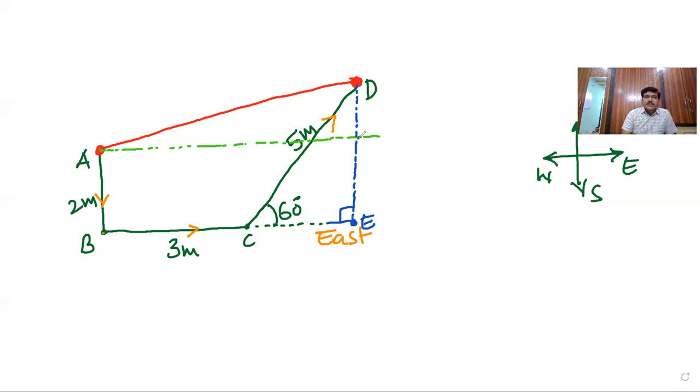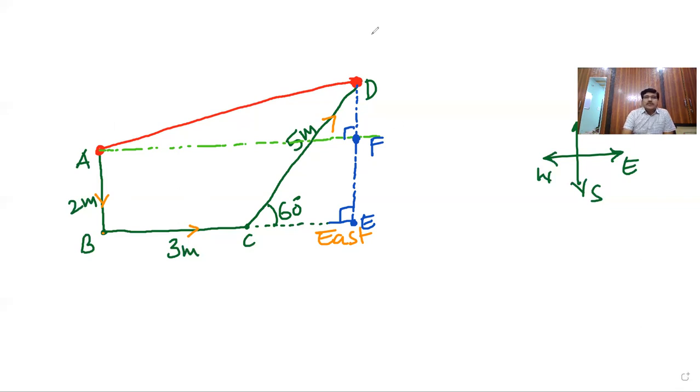And let us say the intersection of the line parallel to BC and DE, the point on the extended BC line, I am calling F. ADF is a right angle triangle.